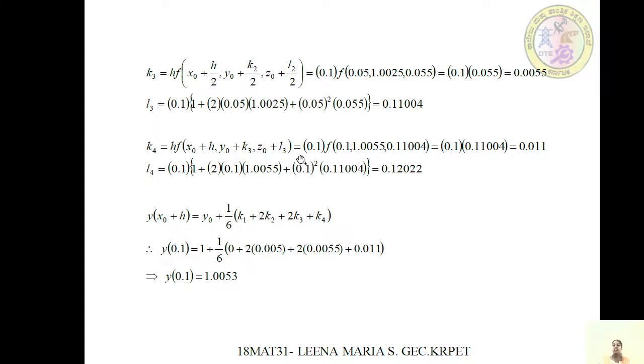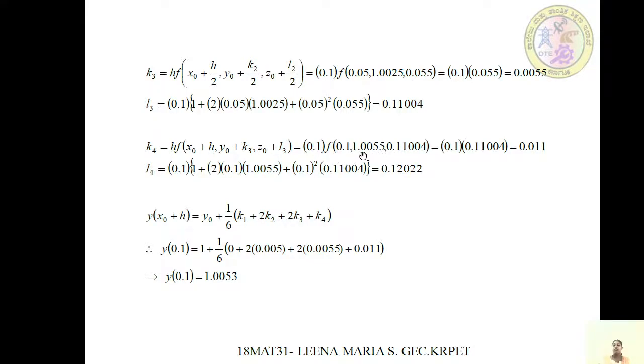Here h is 0.1. The x0 plus h value is 0.1, comma y0 plus k3, where y0 is 1 plus the previous k3 value, so substituting I get 1.0055, comma z0 plus L3, where z0 is 0 plus the L3 value, substituting it I get 0.11004.